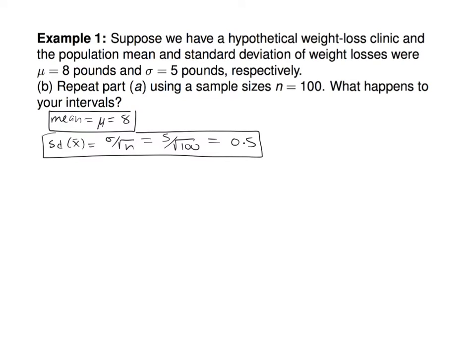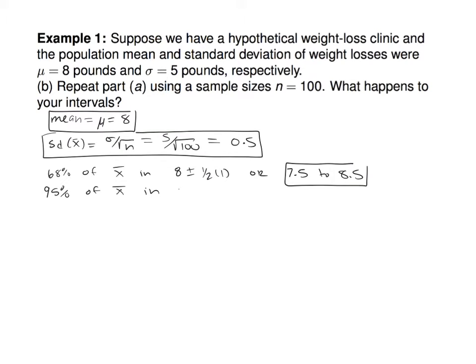Now this time we'll have 68% of our samples of size 100. The means will fall in the interval 8 plus or minus 1/2 times 1, which is 7.5 to 8.5. 95% of the time, x bar will fall into the interval 8 plus or minus 2 times the standard deviation, or 7 to 9.